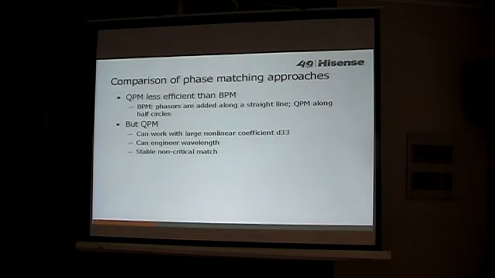We can work with the large nonlinear coefficients along this so-called D33, so we can get second harmonic generation for the same polarization. Also important, now we can engineer the wavelengths, because the suitable wavelengths for this phase match condition will be much larger than the range of the birefringent cases.